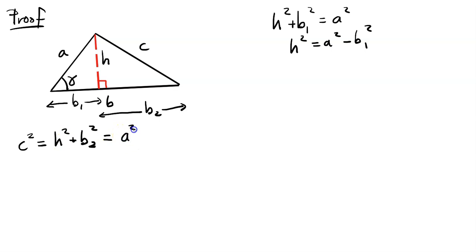That gives us a squared minus b1 squared plus b2 squared. But then b2, we can write that as b, the whole thing, minus b1, this part. So b2 is the whole thing minus this part.